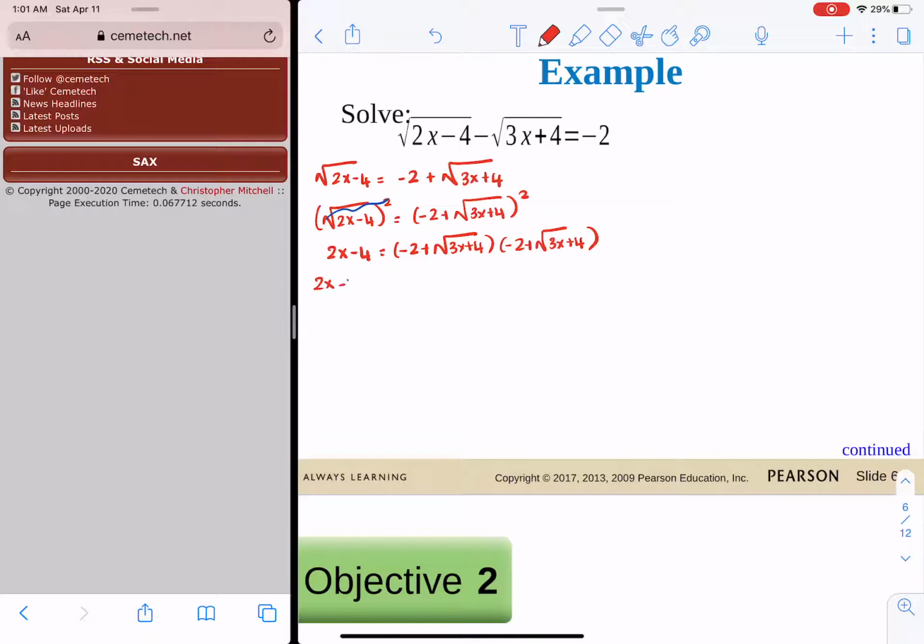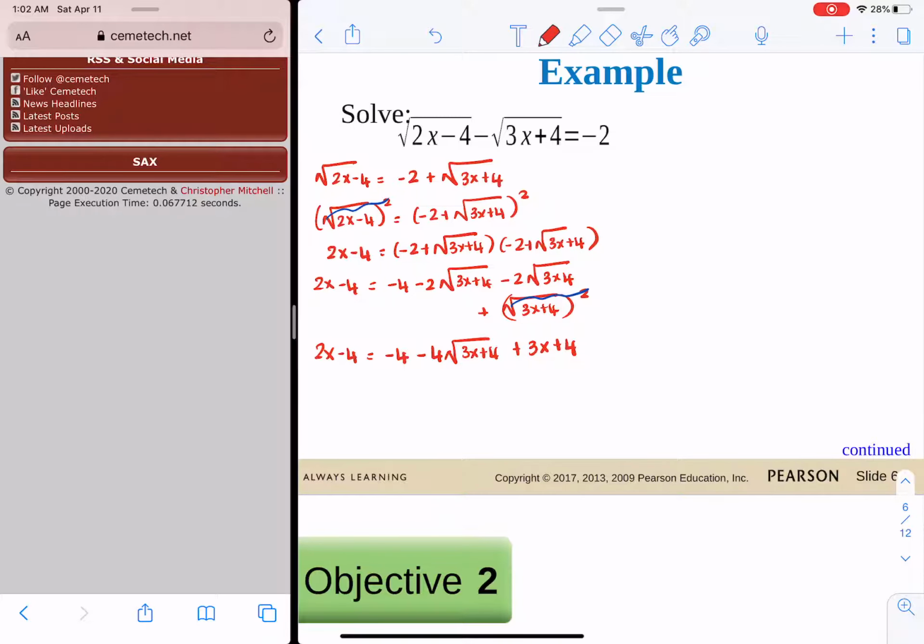So 2x minus 4 would equal minus 4 minus 2 square root of 3x plus 4 minus 2 square root of 3x plus 4 plus square root of 3x plus 4 squared. So I have minus 4 times square root of 3x plus 4. The root and the square would go away, and I will have 3x plus 4.